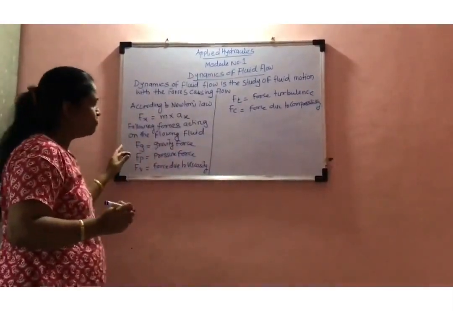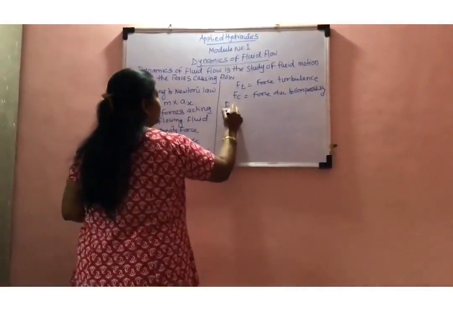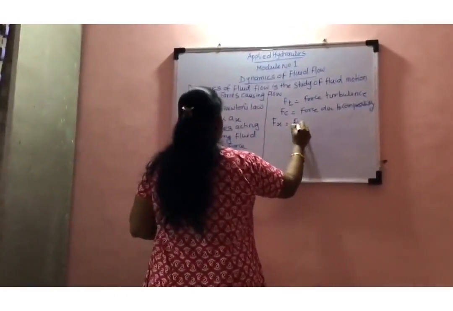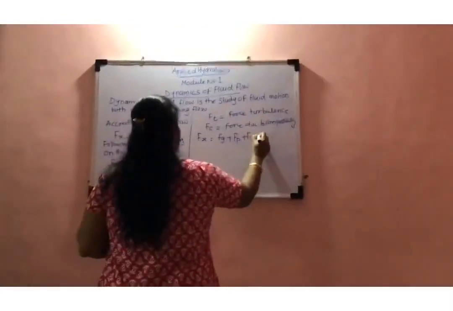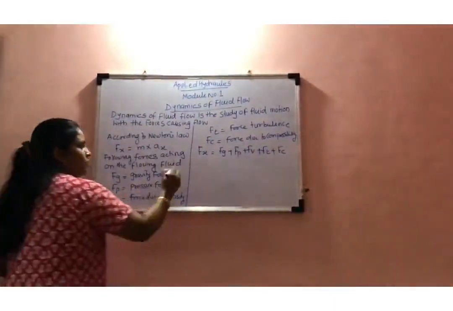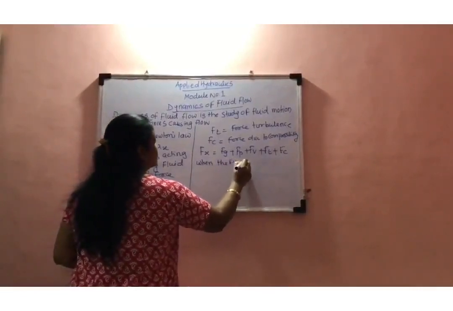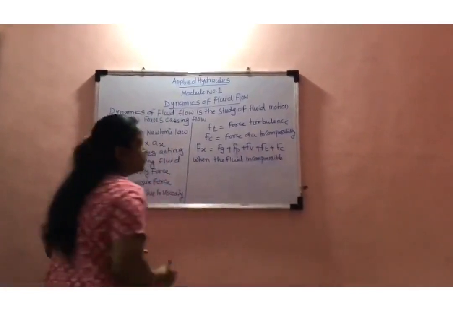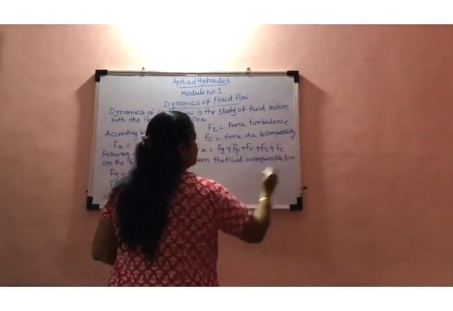So net force acting on a fluid flow, that is net force Fx, is equal to Fg plus Fp plus Fv plus Ft plus Fc. When the fluid is incompressible, it means Fc becomes 0.